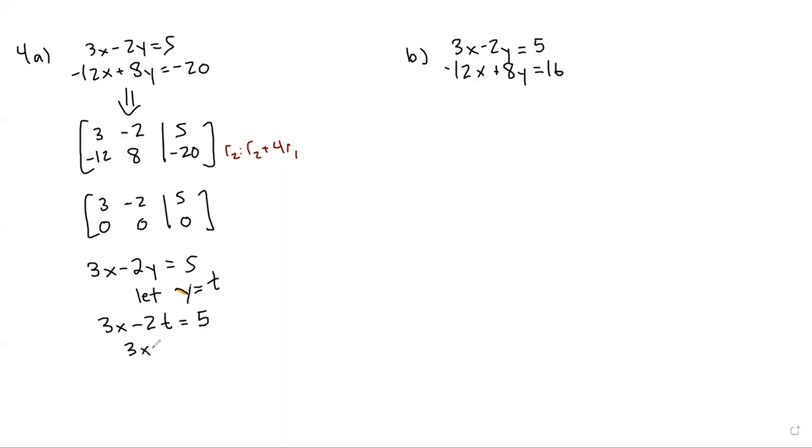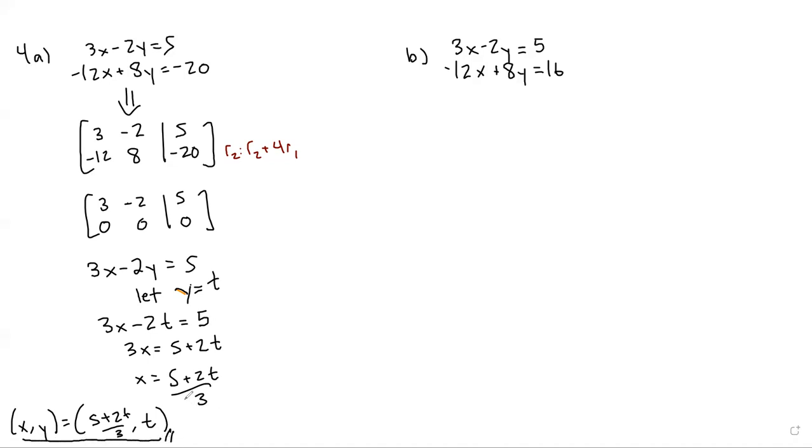And so 3x equals 5 plus 2t. And so x equals (5 plus 2t) over 3. And so this gives us a collection of points of the form (5 plus 2t) over 3. And those are all the x values. And then the y values are all actually just t. So this would be a solution here.